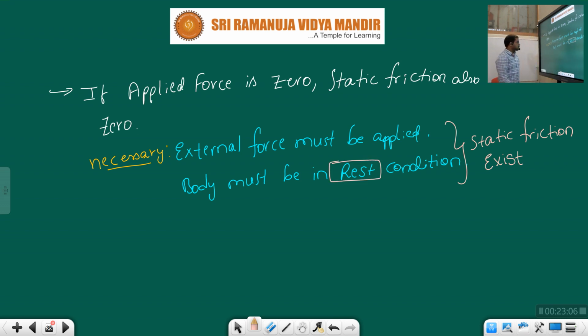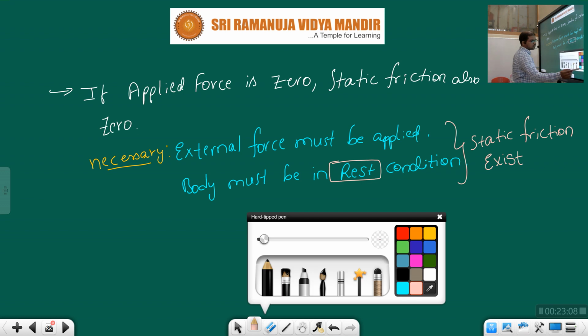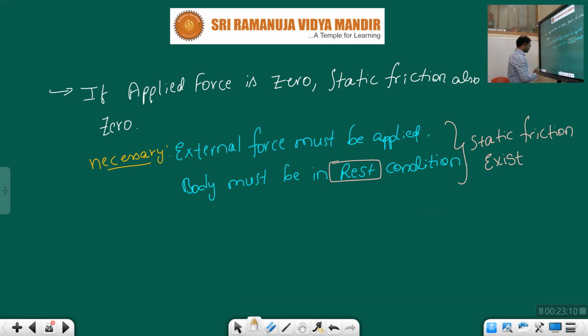Next, another point we have noticed. Whenever we are increasing the applied force, static friction also increases. Children, there is no special mechanism for that. Static friction on its own increases the force.